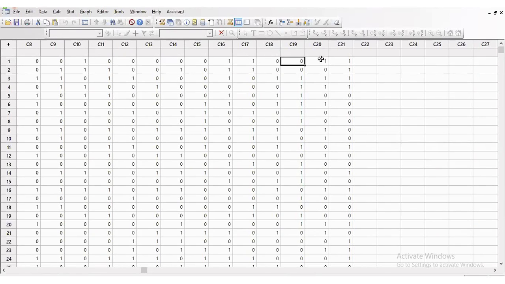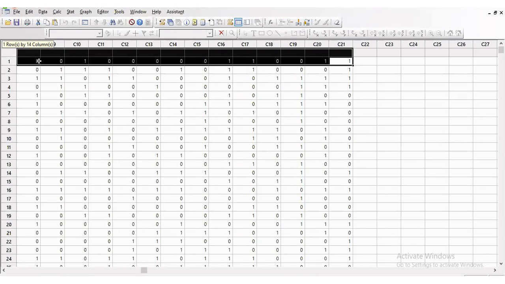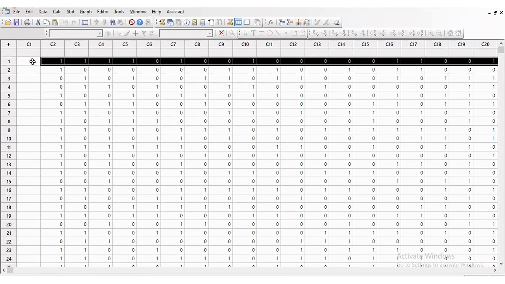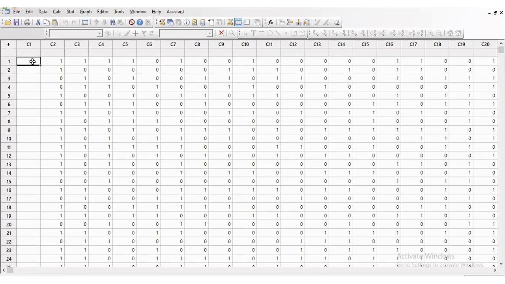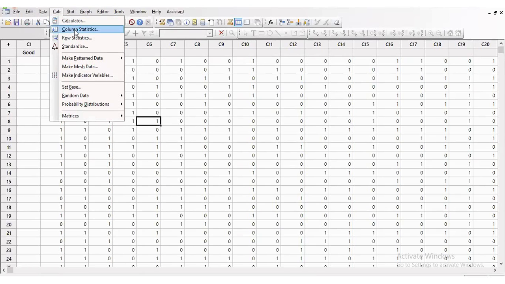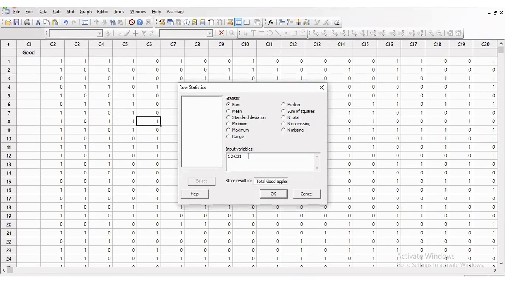So if I add all these things, what am I going to get? The total number of good apples on the particular day. Good. Add. Row statistics, sum, right? I'm asking you to store it.